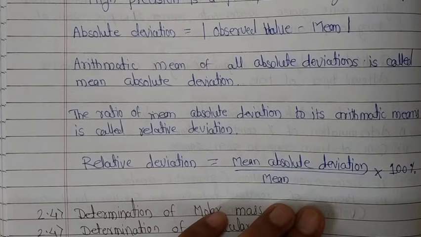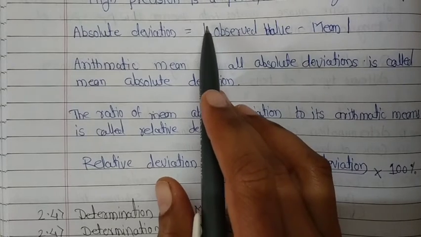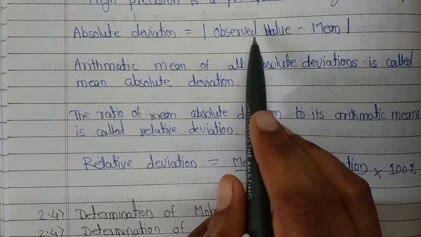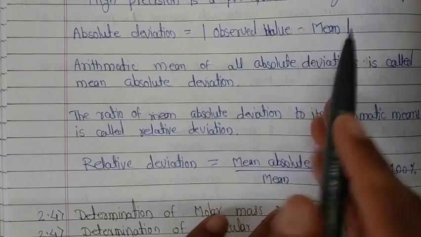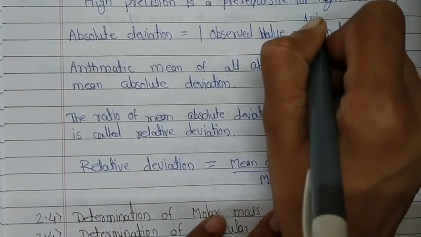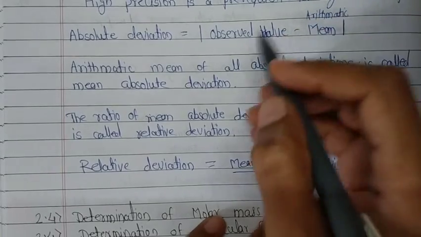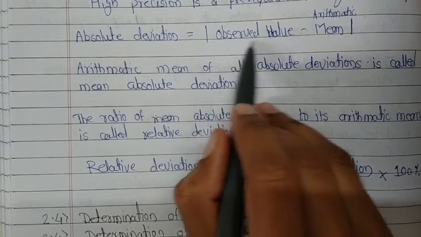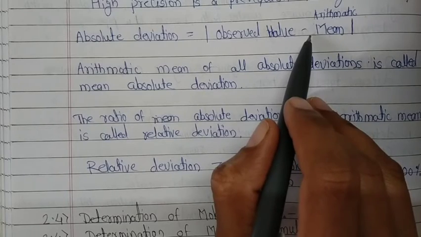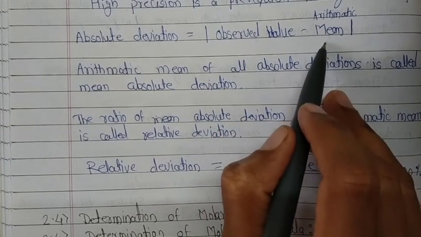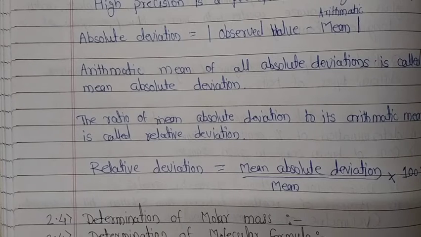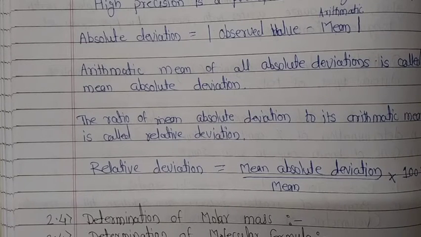Now precision is expressed in terms of deviation, and absolute deviation is nothing but the modulus of the difference between an observed value and the arithmetic mean for the set of several measurements made in the same way, and it is a measure of absolute error in repeated observations.